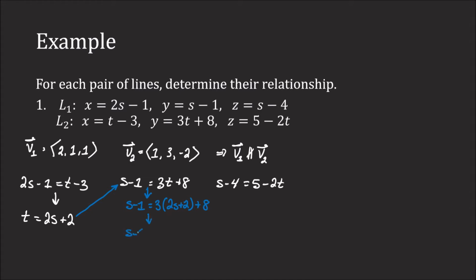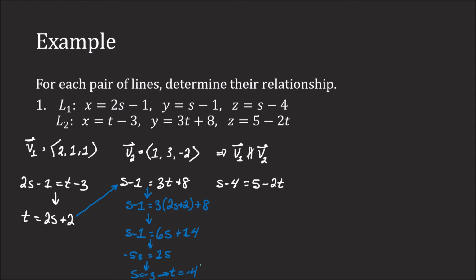So s minus 1 is equal to 6s plus 14. So negative 5s is equal to 15, which means that s is equal to negative 3, and that t would have to equal negative 4.